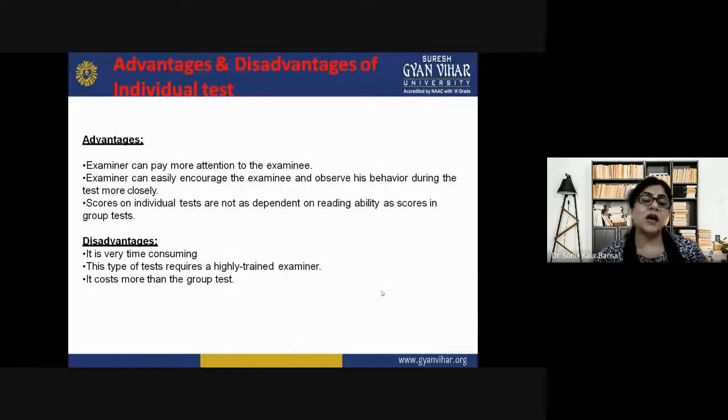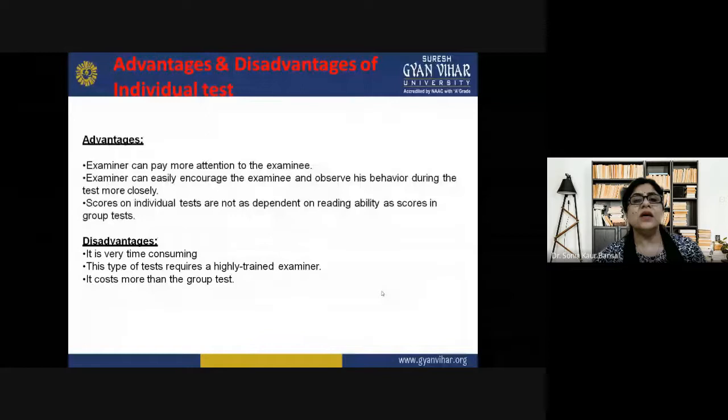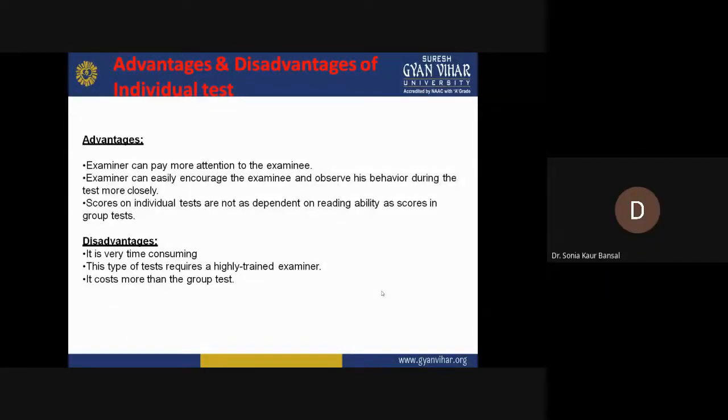But this comes into the category of disadvantages also. Then the third important disadvantage is that it costs more than the group test. Once you are testing an individual and it is consuming a lot of time, it is costing also. The resources are used more and more. But once you have done a group testing, it is easier for the researcher to find conclusions in a group. So these are the disadvantages of the individual test.